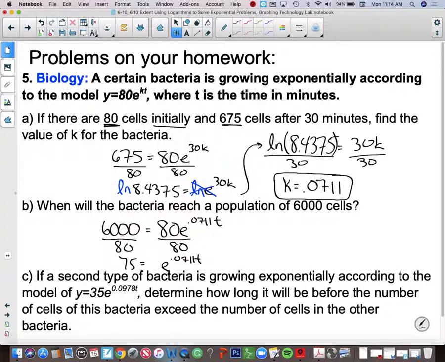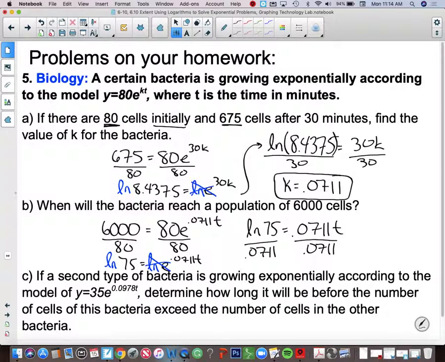So we want to natural log both sides to get rid of the e. So the e is gone, and now we have natural log of 75 equals 0.0711 t. So divide by 0.0711 and we'll have our approximate value for t. Okay, so natural log of 75 divided by 0.0711.